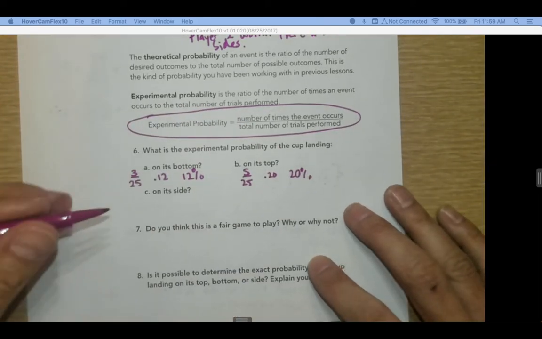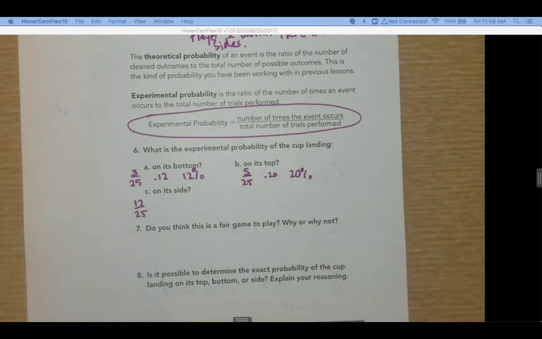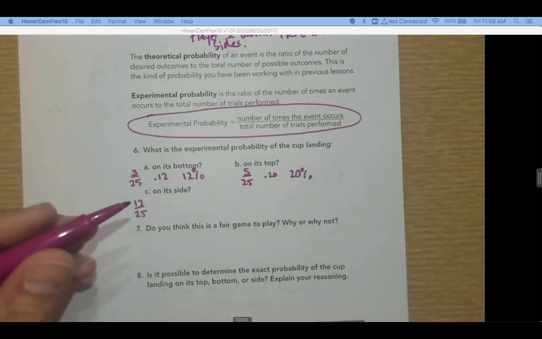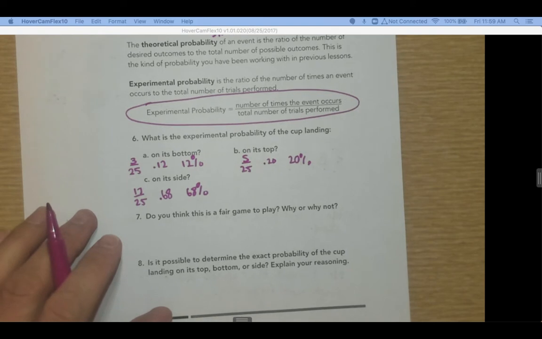And then on its side was 17 out of 25. So I'm looking at the experiment to get my experimental probabilities. Times that by 4, 68, I believe. 0.68 or 68%. Okay.